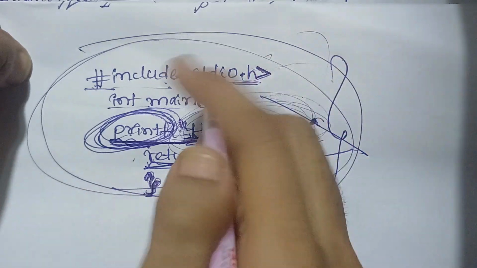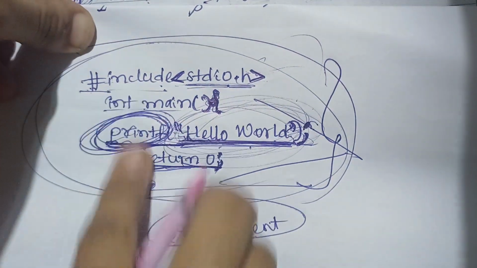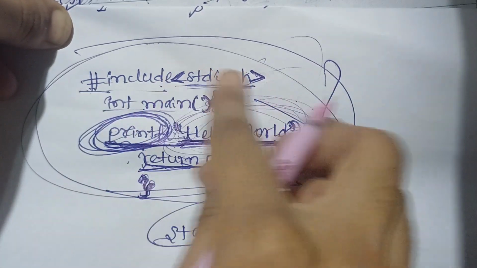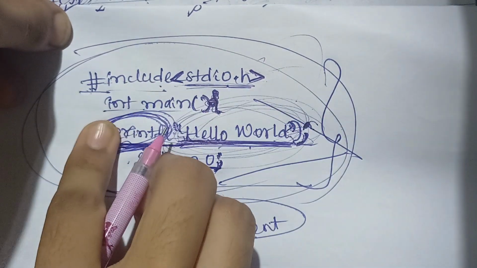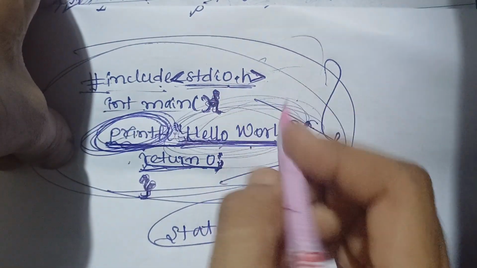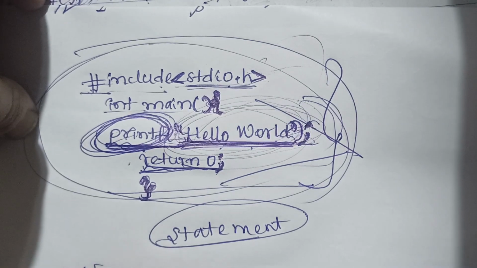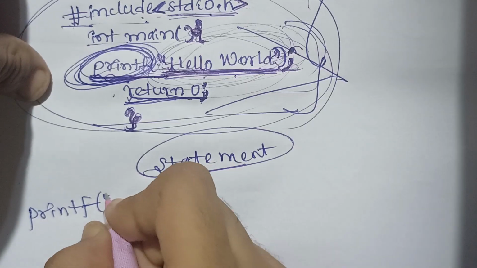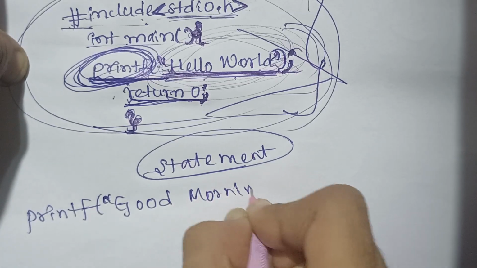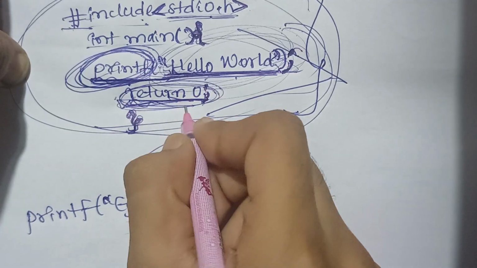So firstly, this is your C code. This is how your code looks. Firstly, hash include within angle braces stdio.h, and then the second line is int main, and then whatever code you have to write. For example, if you want to write a code like good morning, you can write printf good morning and then return 0.